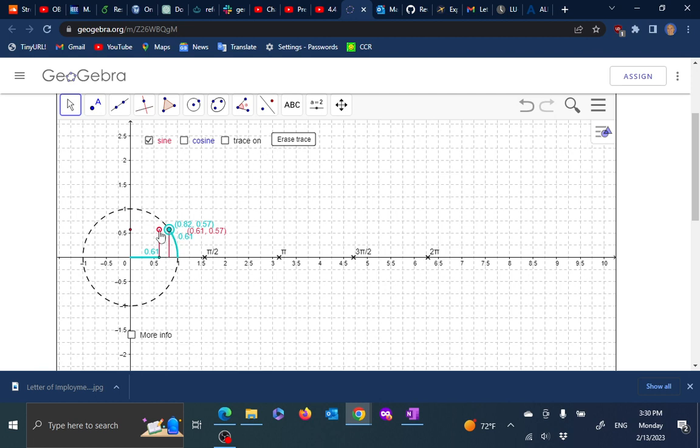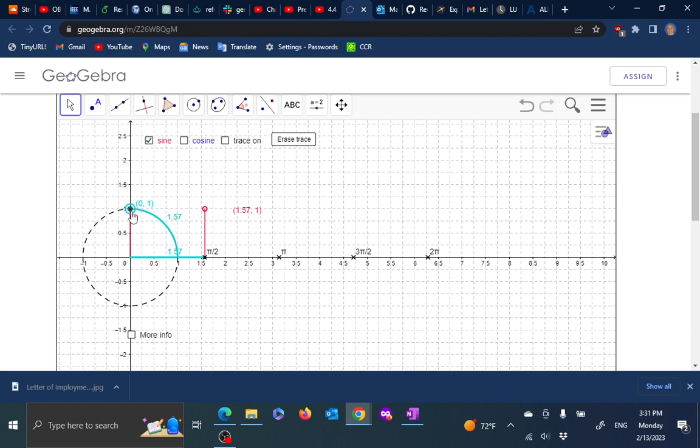I draw that sine in this location. As my angle gets bigger, you see that the red length also increases. By the time I come here, the teal color is 1.57, which means pi over 2.